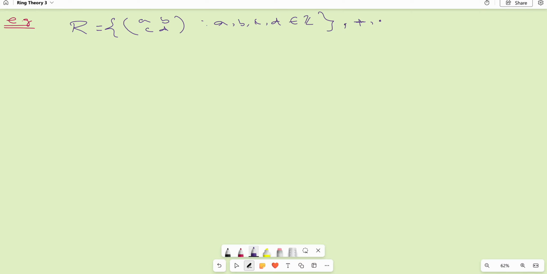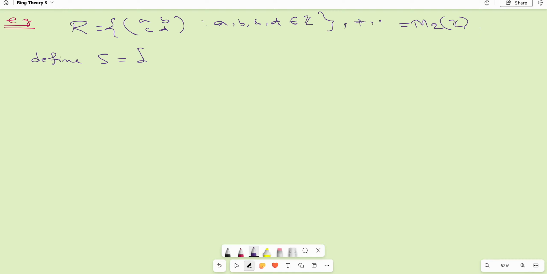There is nothing else. It is denoted by M2 over Z. The elements are coming from Z. Okay, this ring.